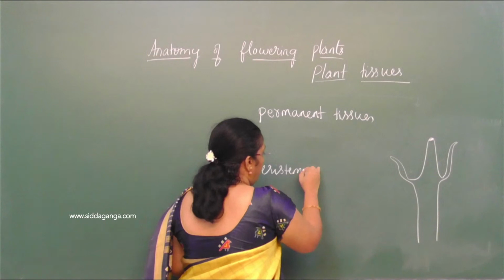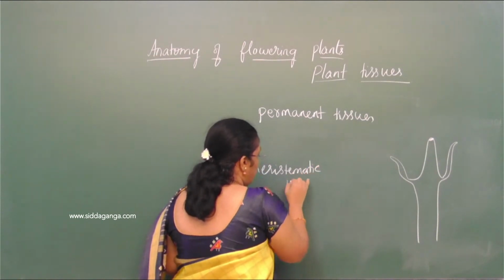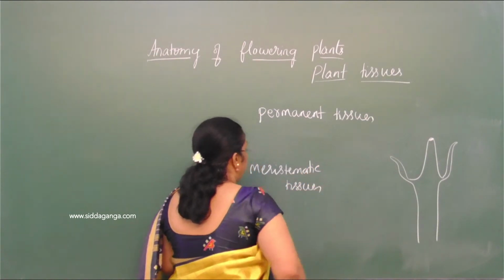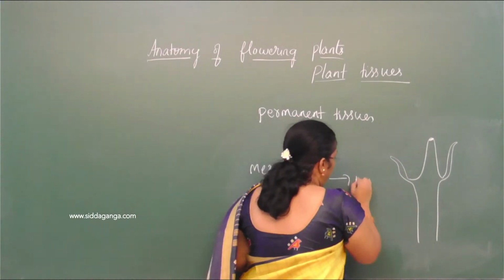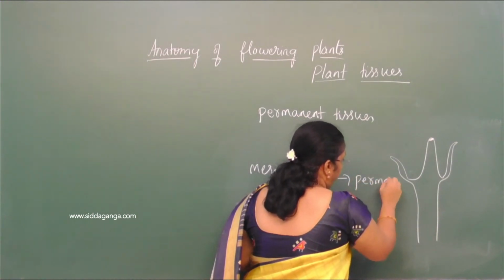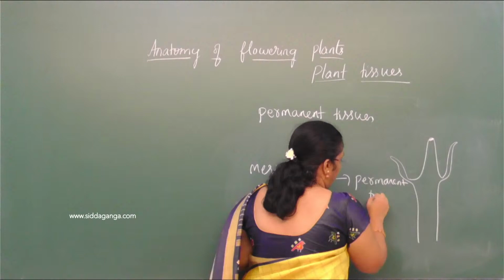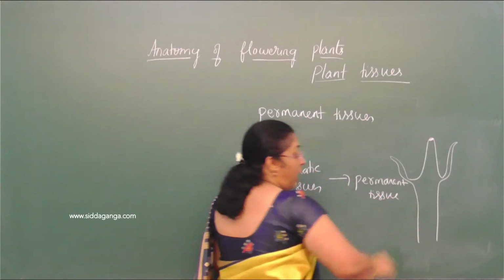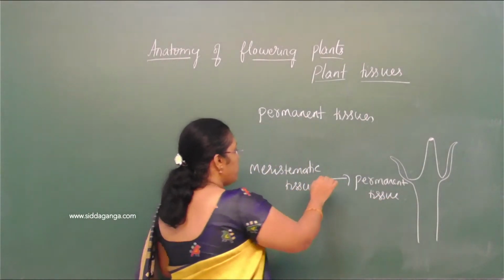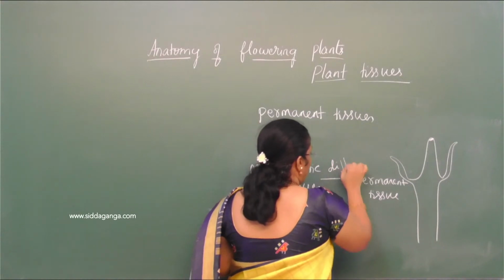The formation of permanent tissues like parenchyma and collenchyma from the meristems is called differentiation.